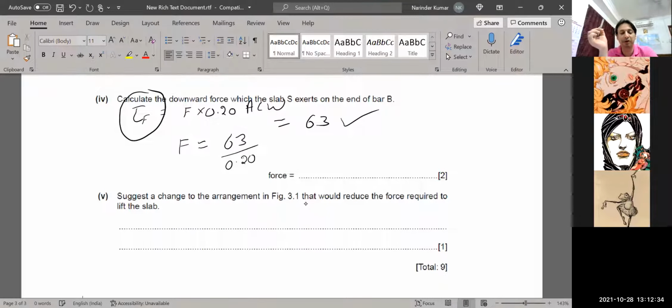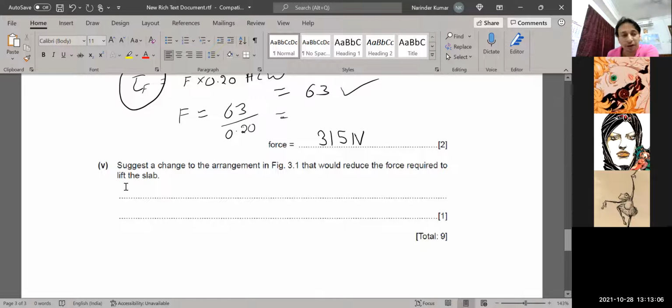Please someone divide this. 63 divided by 0.20. 315 Newton. Okay, thank you, Kezia. So this is 315 Newton, the amount of force that the slab should exert.